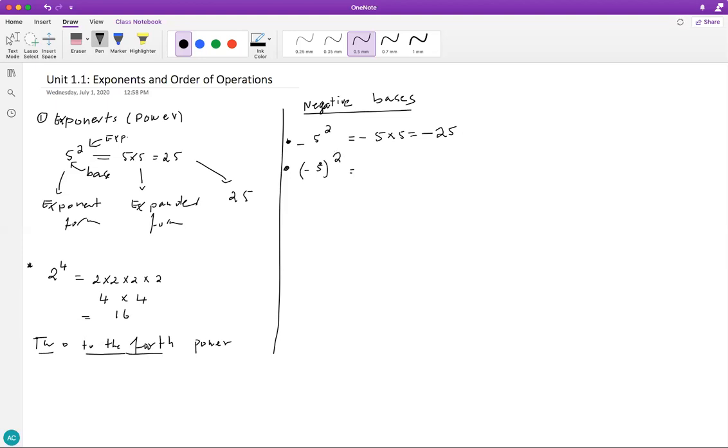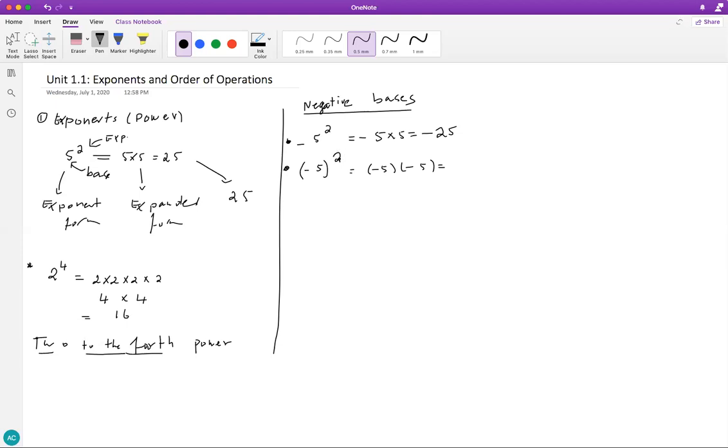The difference between this and the other is that the base here is actually the whole thing inside the parentheses, including the negative. So when you expand this, you will have to multiply negative 5 by itself twice, or 3 or 4 more times if the power were larger. So the whole base here is negative 5. So we're going to say negative 5 times negative 5. You see how we repeated the negative because it's part of the base because of the parentheses.